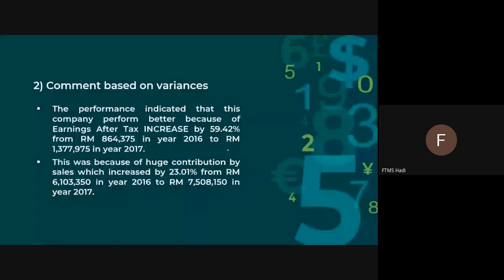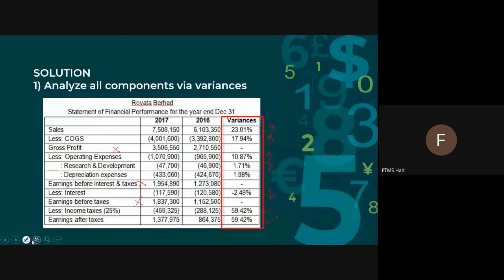The performance indicated that this company performed better. Why did I say perform better? Because of this one, 59.42%. From 2016 until 2017 there is an increase of profit.